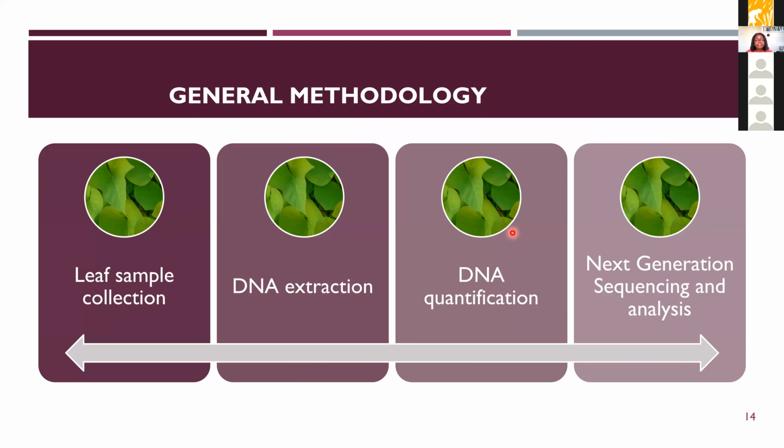So coming back to our methodology now, we simply collected leaf samples from different varieties across the 6 countries when we included Barbados. We extracted DNA in my lab. We did DNA quantification. In other words, we made sure the DNA was of good quality. And then we sent that to a commercial entity for gene sequencing.